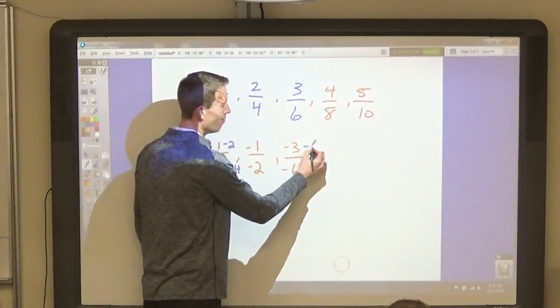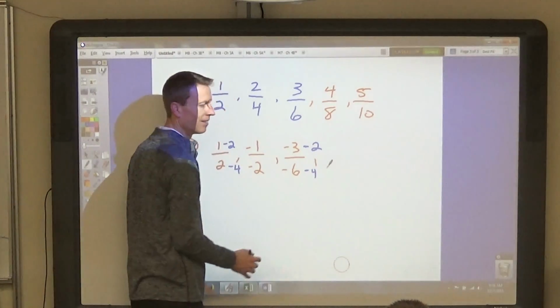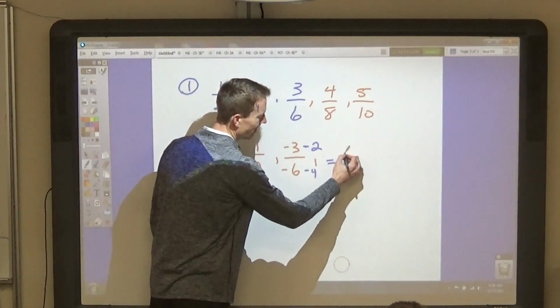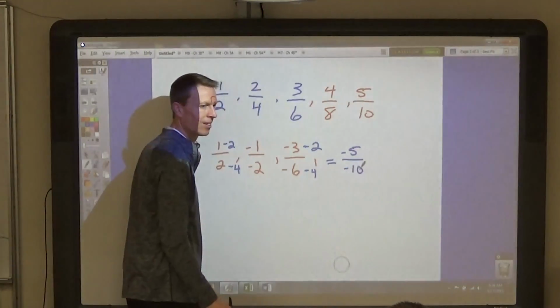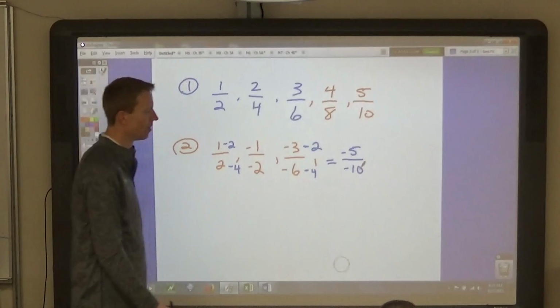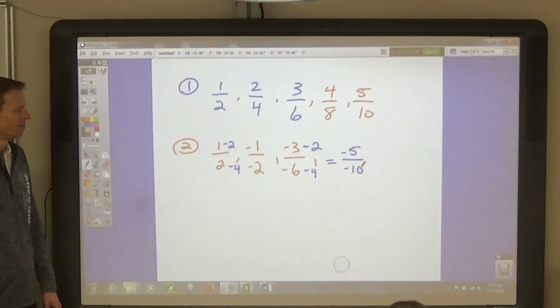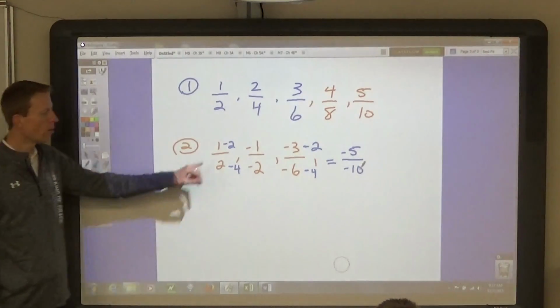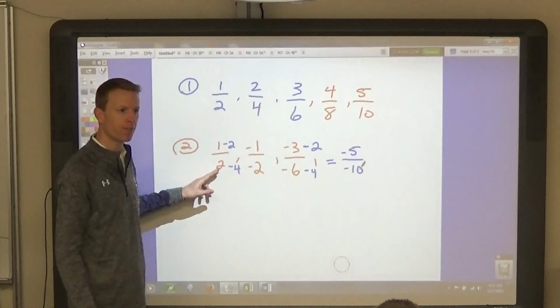Minus 2. I got negative 5 and negative 10, which equals negative 1/2, which I don't get. Well, all these are equivalent except for the first one, right? So that's not a pattern. Negative 5 over negative 10 is equivalent to 1/2.